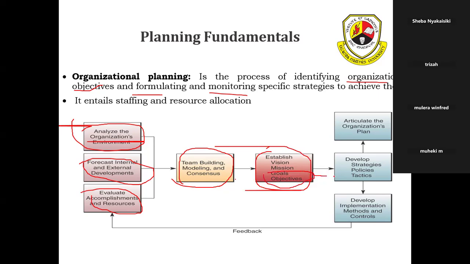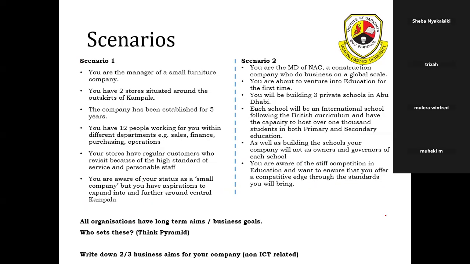Once this is done, strategies and policies are developed. From these strategies, organizational plans are then developed and implemented. This is nothing new from what we discussed in week 1 last week, but we're just being very specific on strategic formulation.